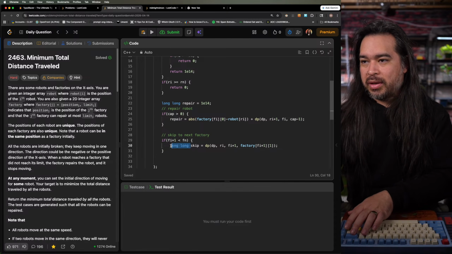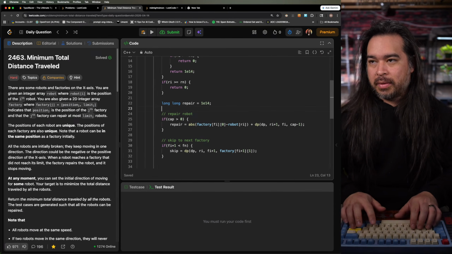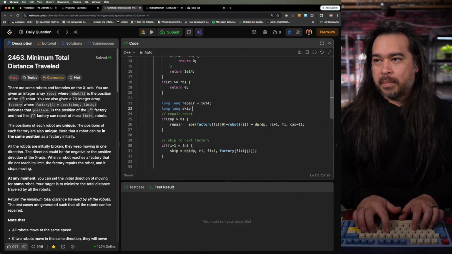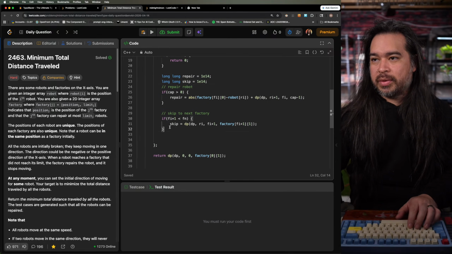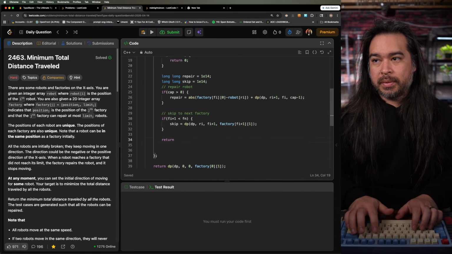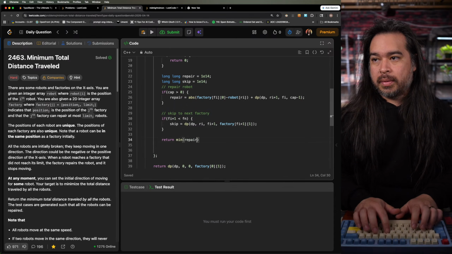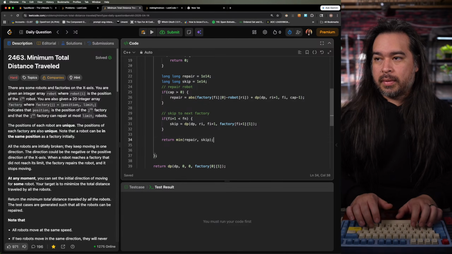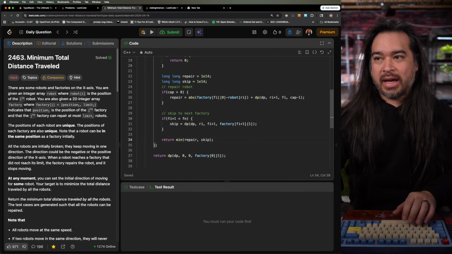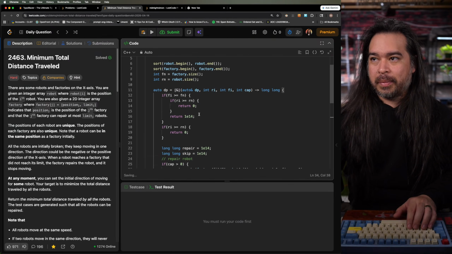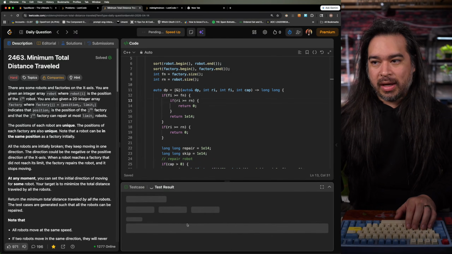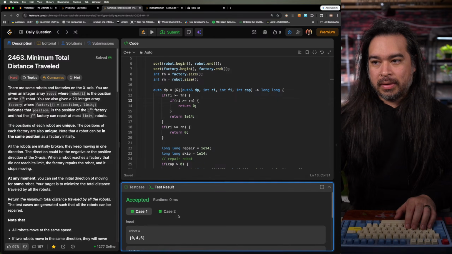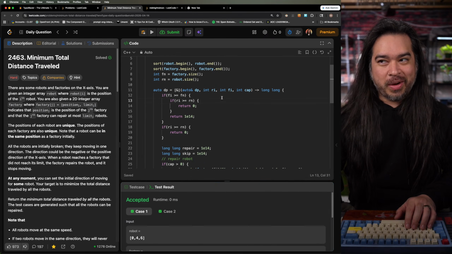So then maybe I should put this back here. And then we just return the minimum of those two. And then we'll deal with the caching after. But let's see if this is gonna give us the correct answer. Ooh, looks correct to me.